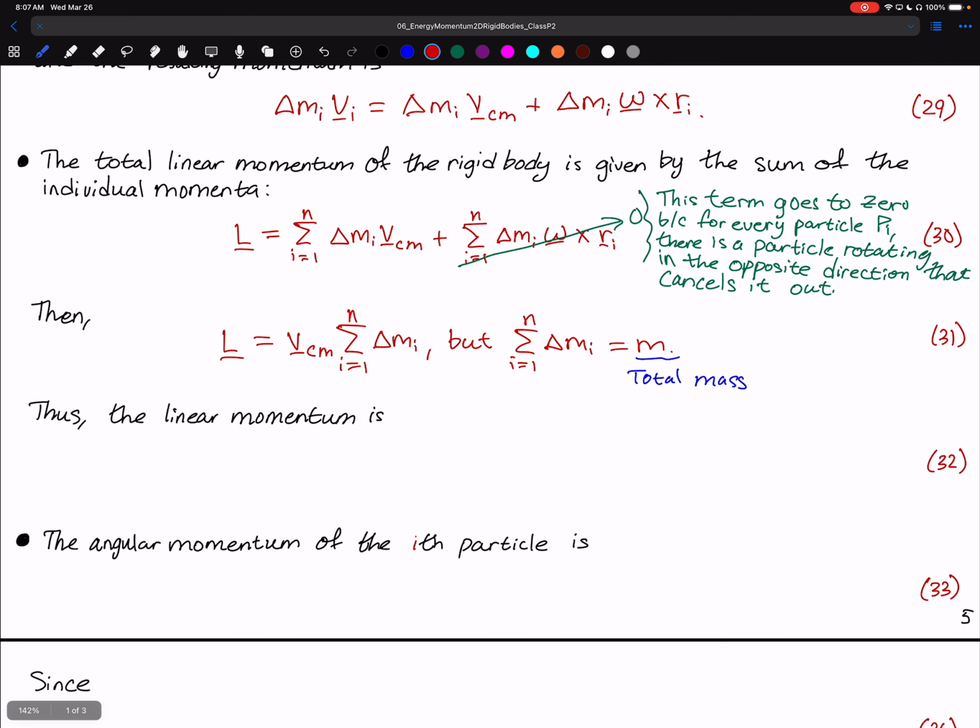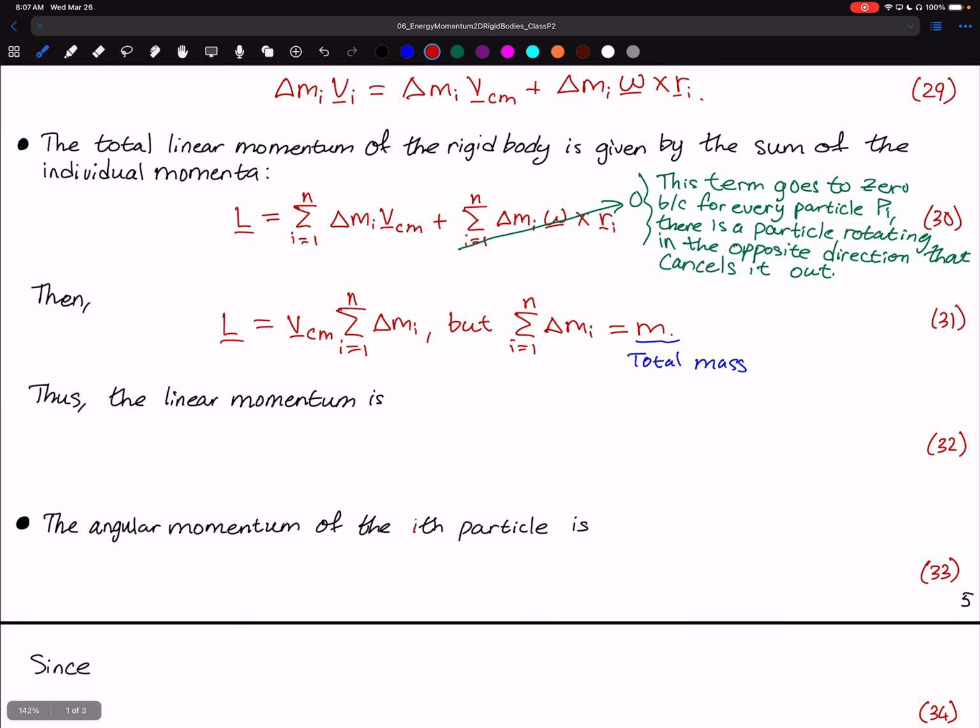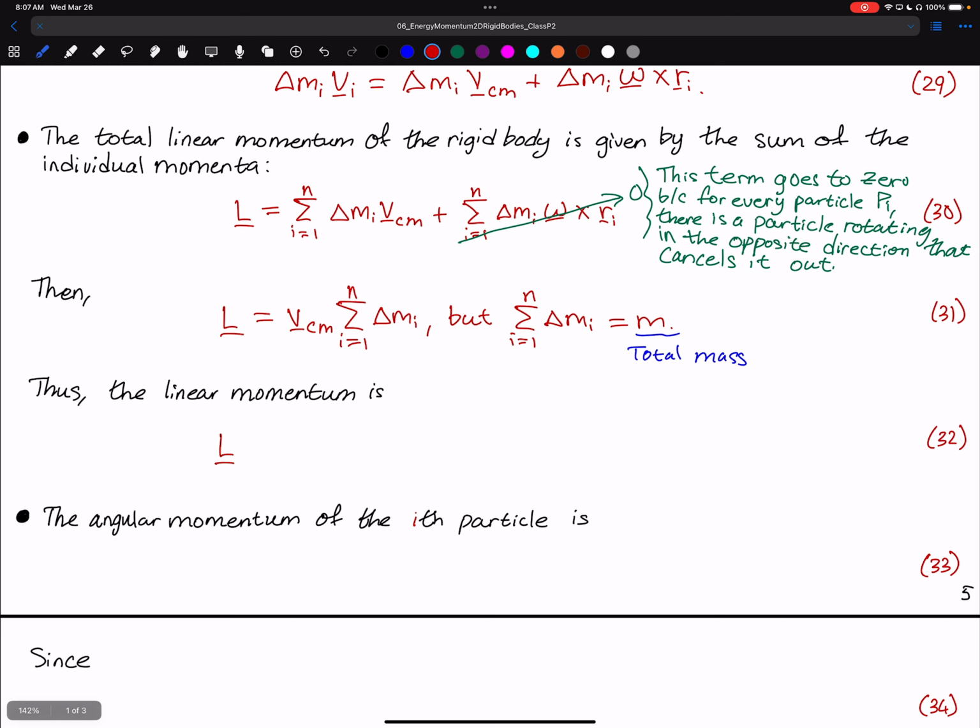And thus we'll find that the linear momentum or the translational momentum is equal to L, which is still a vector, is equal to the mass times the velocity of the center of mass.